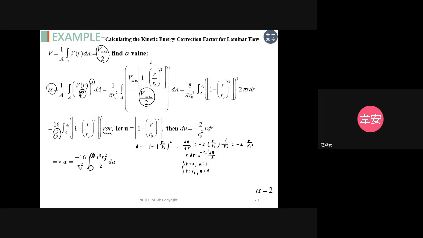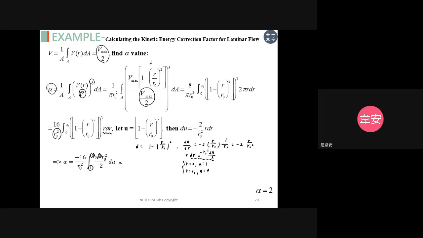And we have this parameter u cubed, and we replace r dr by the relation showing here: minus r0 squared divided by 2, du. So we can solve this problem very easily.